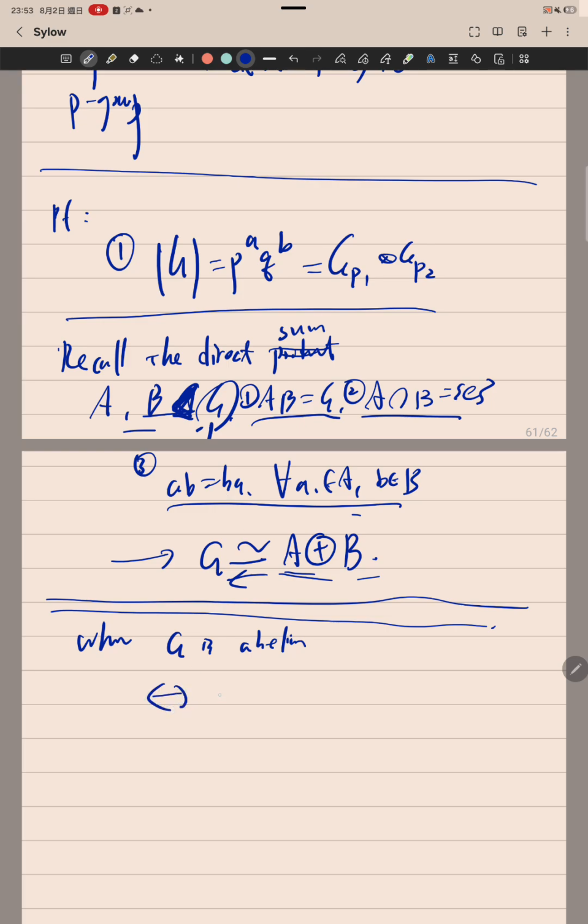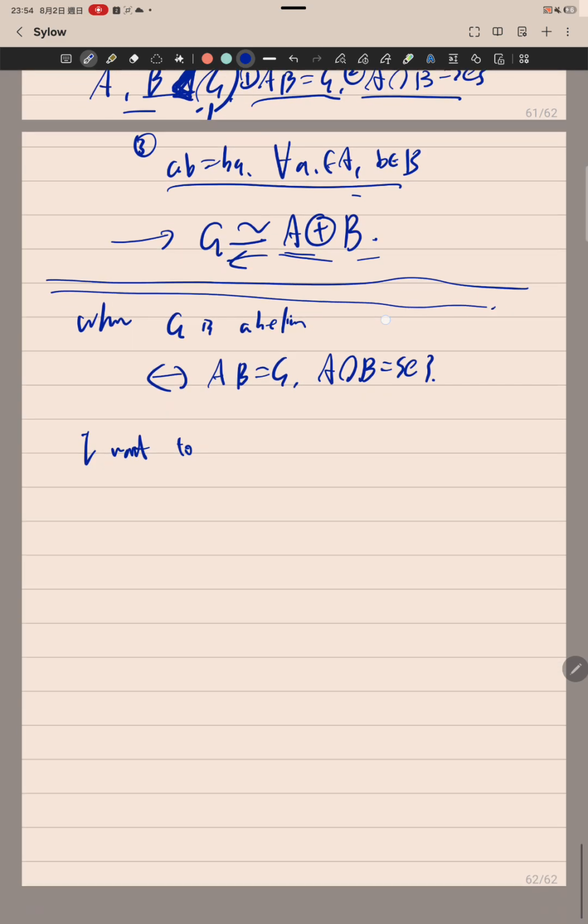So I only need to check that AB equals G and the intersection of A and B is the identity. That would be enough. So why is this true?